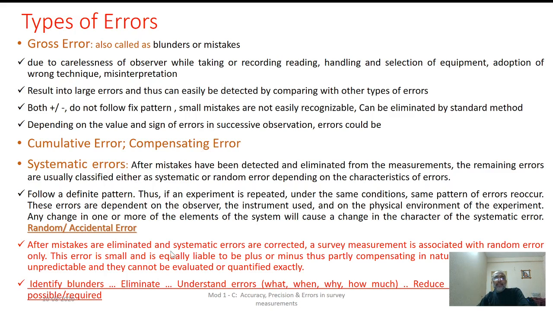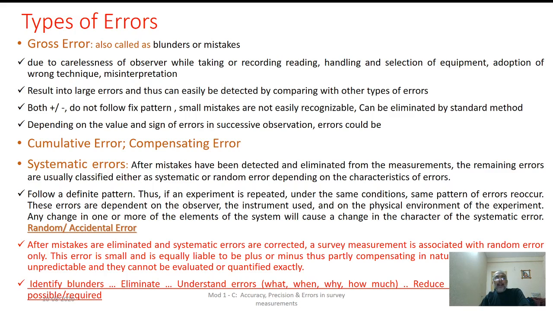As mistakes are eliminated, and even the systematic errors, as they follow certain rules and a fixed pattern, are corrected by applying certain laws, the remaining surveying measurement is associated with random error only. This error is very small and equally liable to be positive as well as negative, thus it is partly compensating in nature.